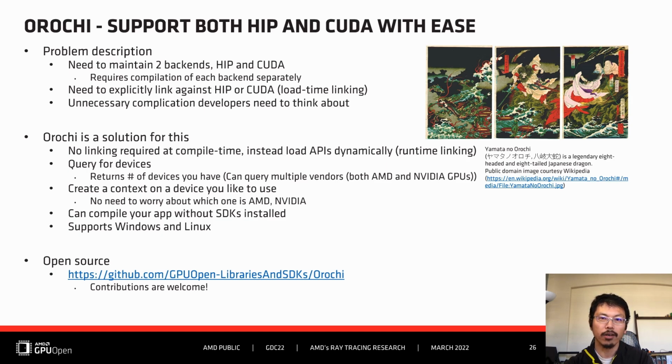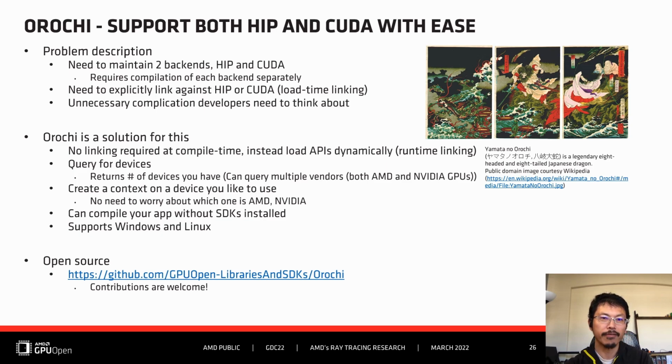So with this Orochi library, we only maintain a single source code and can switch backends at runtime anytime if we need. Orochi loads DLLs at runtime, so no linking to any specific libraries is required at compile time. This manages the devices you have on your system automatically. I'm going to talk about the detail later in the presentation.